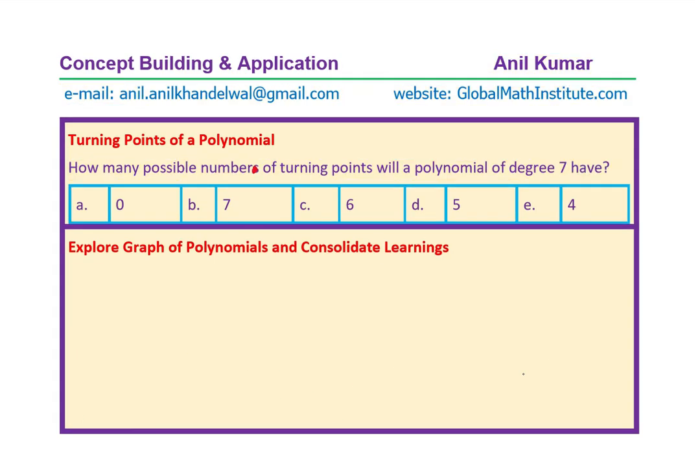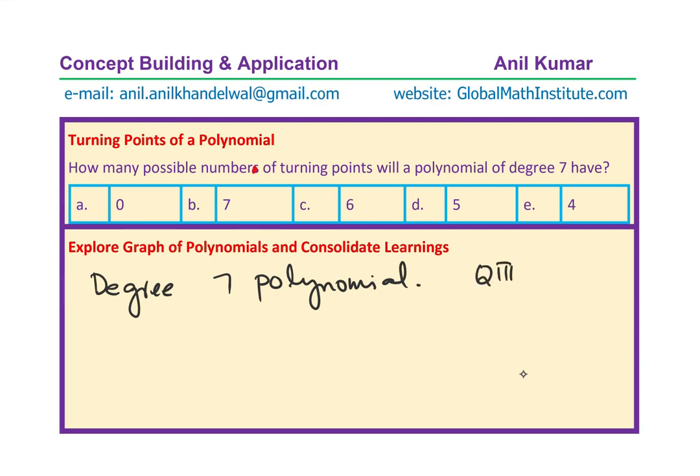So let's look into this question once again. So we are given degree 7 polynomial. So degree 7 polynomial will start from, let us say, quadrant 3 will have to land in quadrant 1, right? So if it starts from quadrant 3, it will go to quadrant 1.